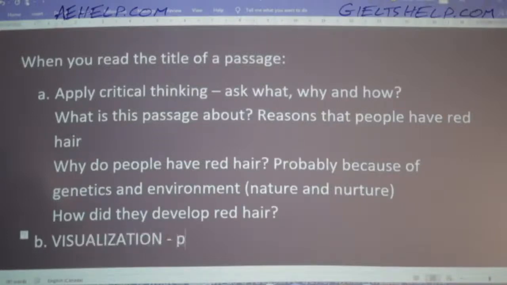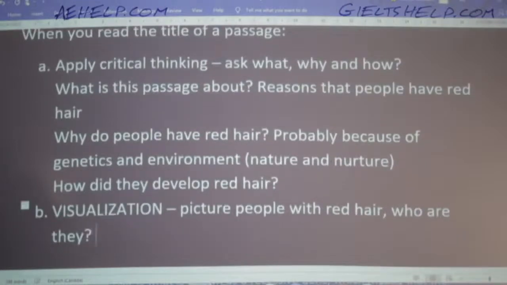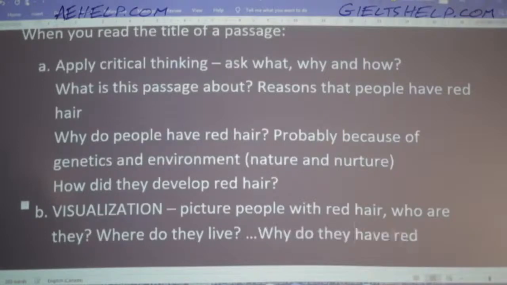So picture people with red hair. Who are they? Where do they live? Okay. And then you might be able to come up with why do they have red hair? So what could be the reasons for it?